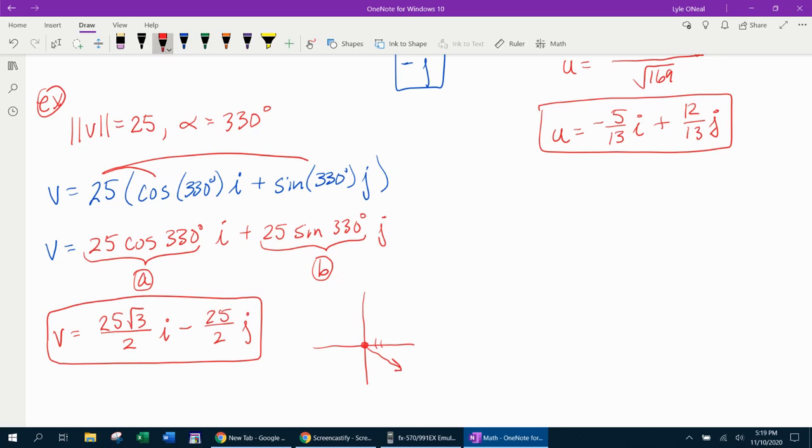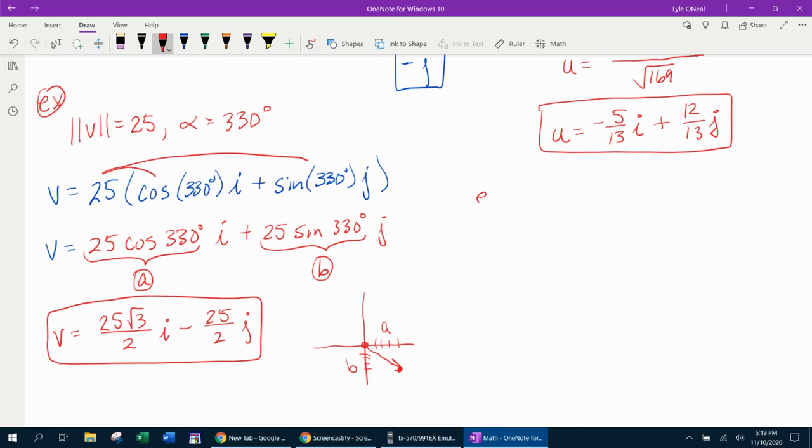So that would mean that I would go over so many A and then down so many B, and that would get us to the end point of the vector. So the vector ends up in the same quadrant as the direction angle, which it should.